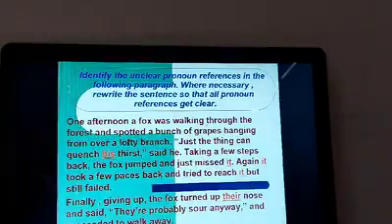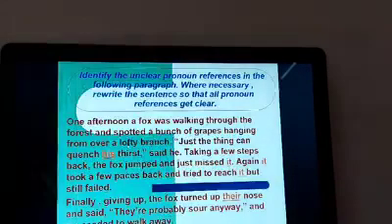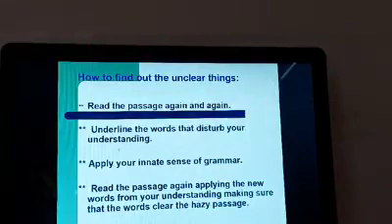I have already read the passage again and again for you, and it helps that the story is a known story. If the story is unknown to you, no matter, continue reading it again and again, and underline the words that disturb your understanding. Where you feel hazy, where you feel something unclear, underline the pronoun which is disturbing your understanding. That is the technique.